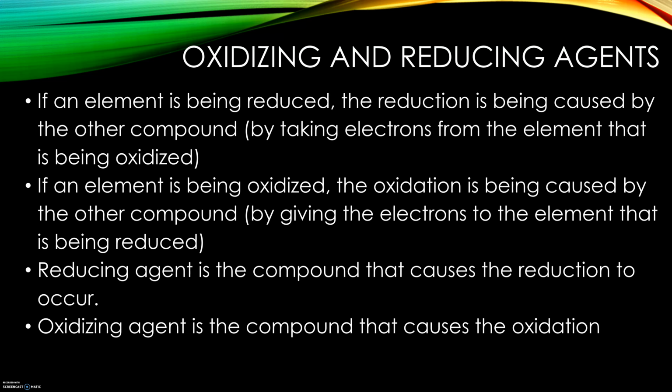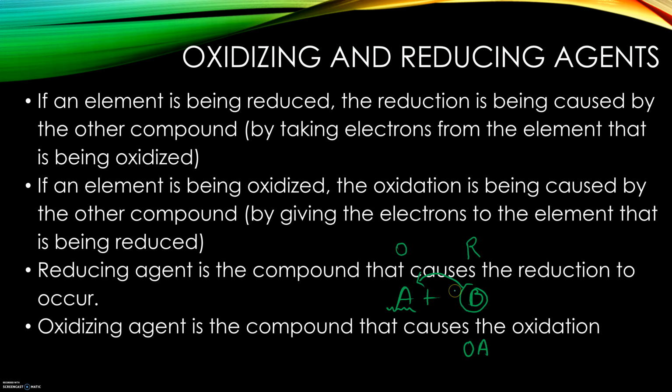That sounded really complicated. In a sense, if we have A and B, and A is being oxidized and B is being reduced. Now, if A is being oxidized, that means B helps A become oxidized. So that B that helps A become oxidized becomes our oxidizing agent.